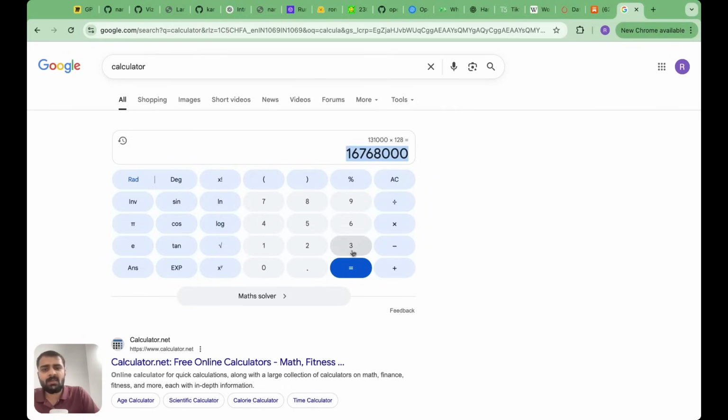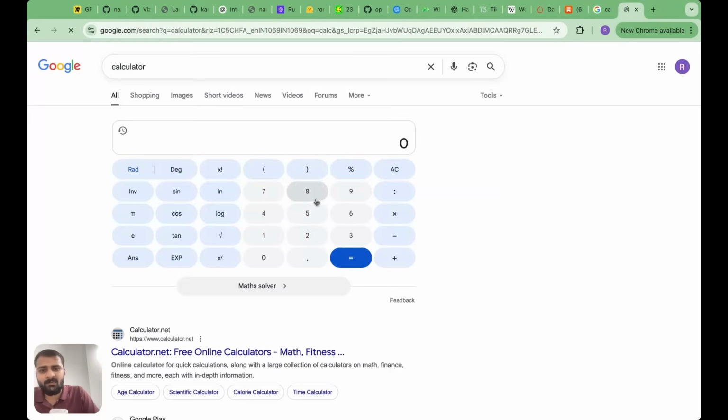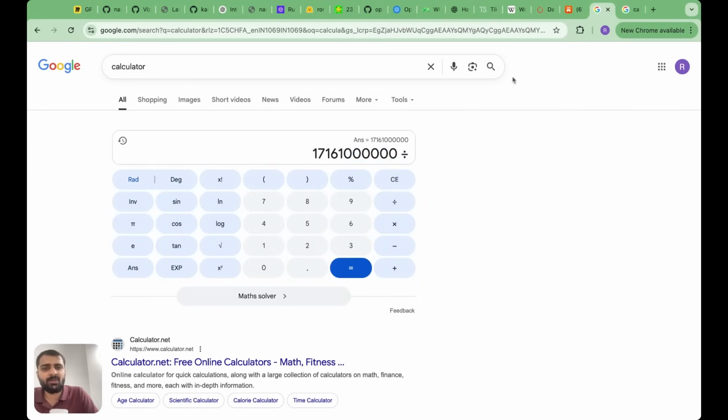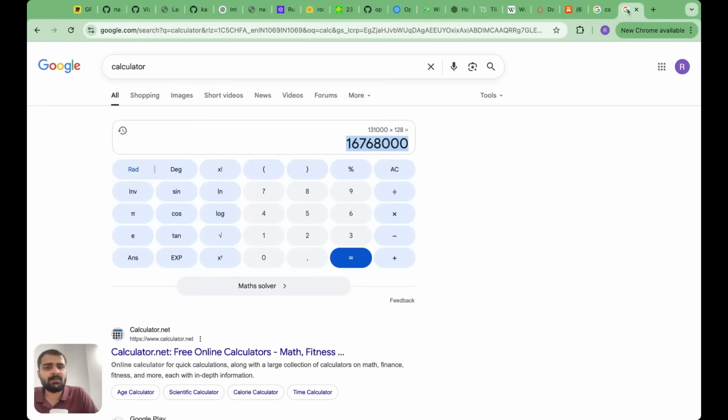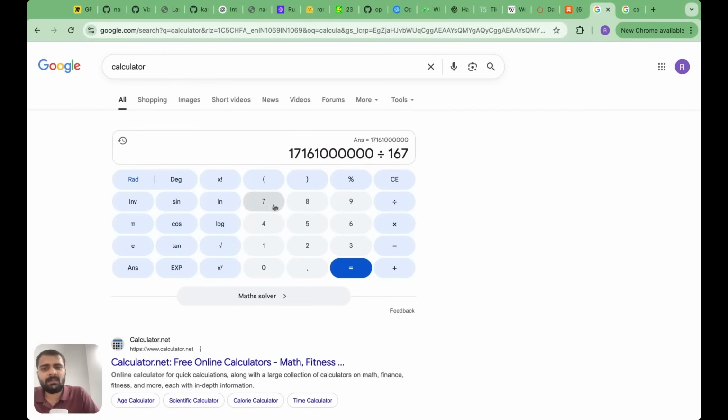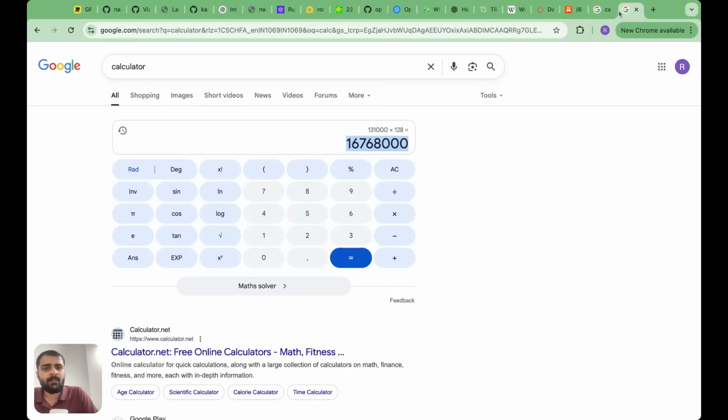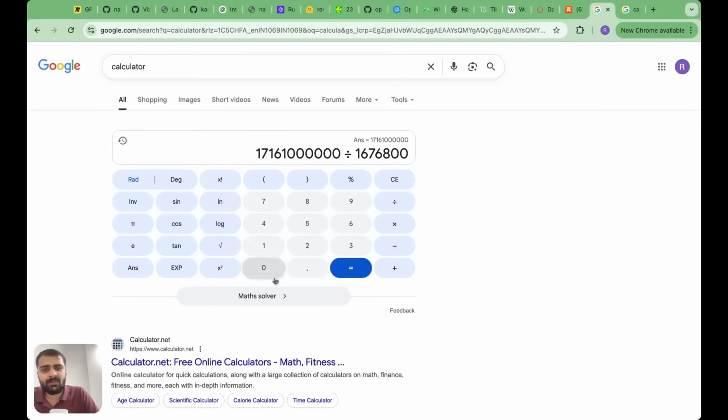I'll divide the original, 131,000 multiplied by 131,000, by this, 131,000 multiplied by 128, which is 16,768,000.